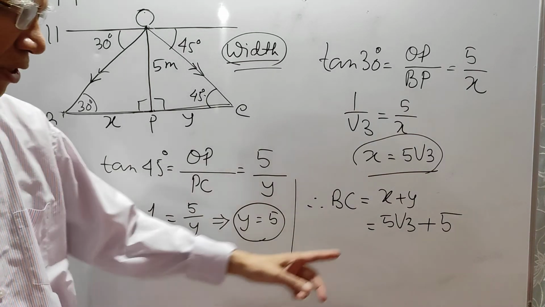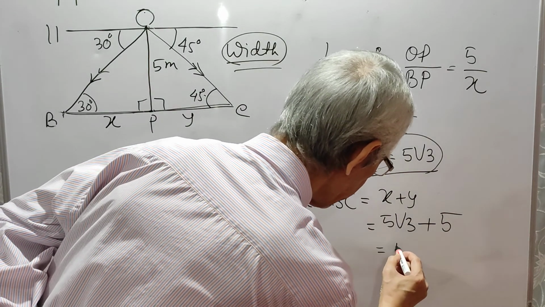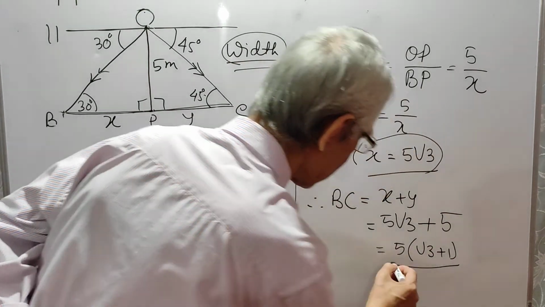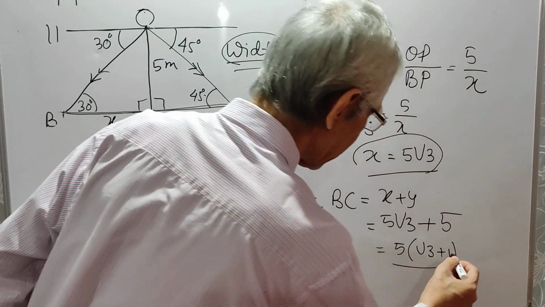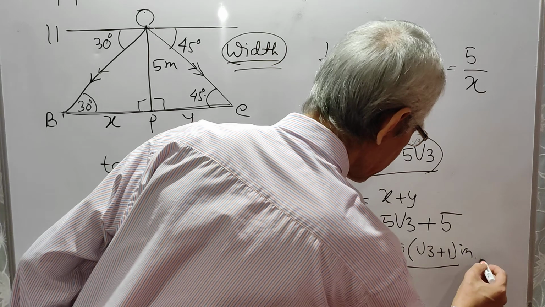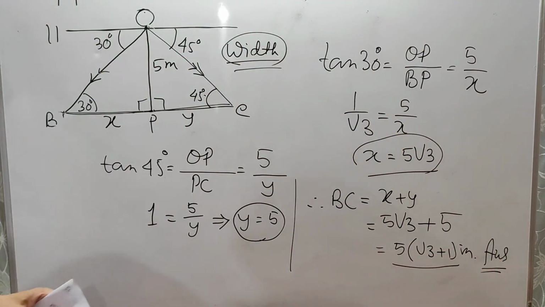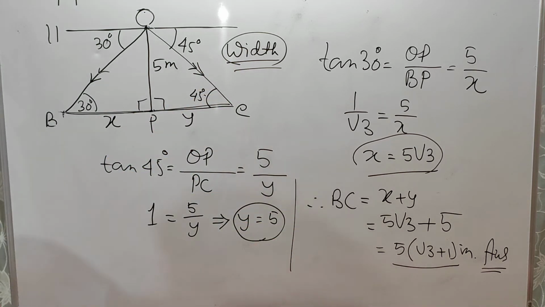If the value of root 3 is given, you put it in and calculate, or if not given, then you write one more step: take 5 common, root 3 plus 1. So the width or breadth of the river is 5 into (root 3 plus 1) meters.